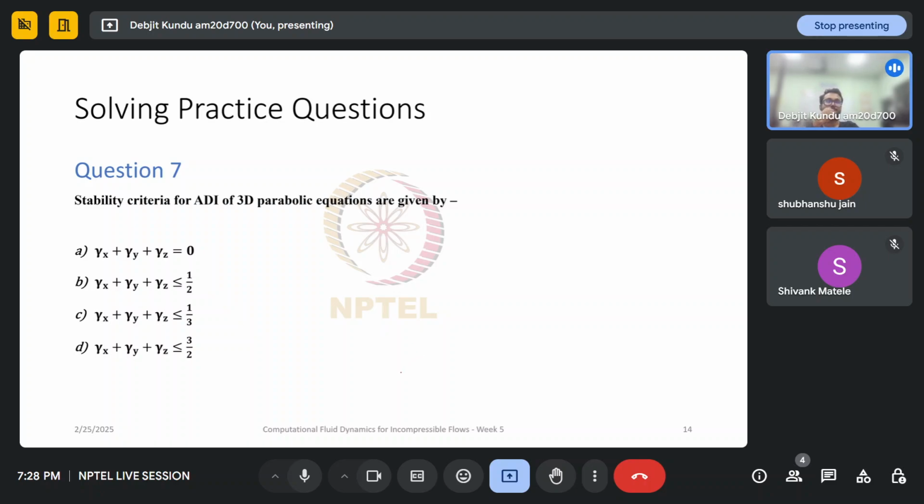Okay, so moving on to question number 7 now. What is the stability criteria for alternating direction implicit for 3D parabolic equation? So basically, some equation like dou phi dou t equal to capital gamma, then I have all three spatial derivatives here.